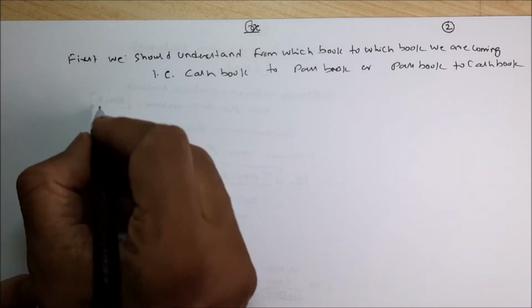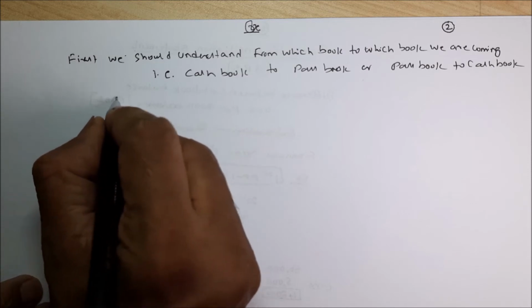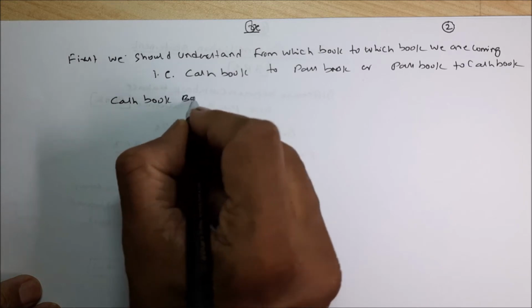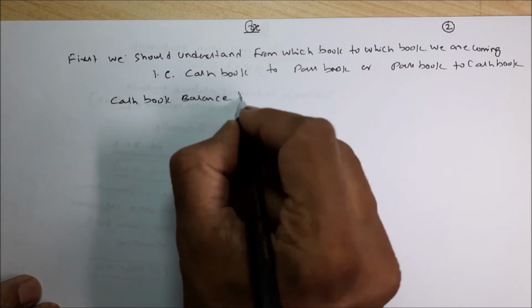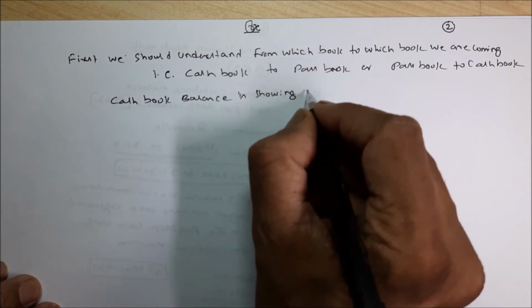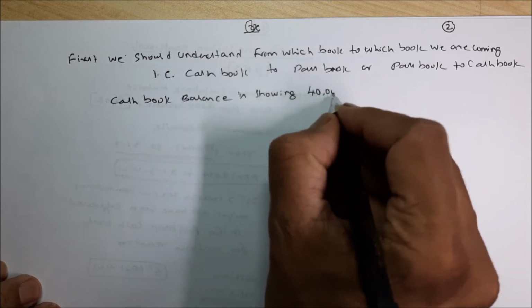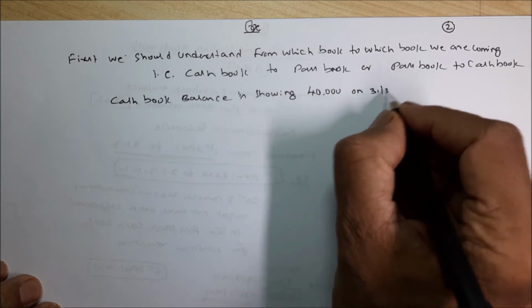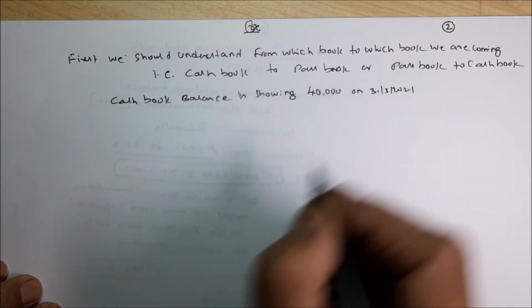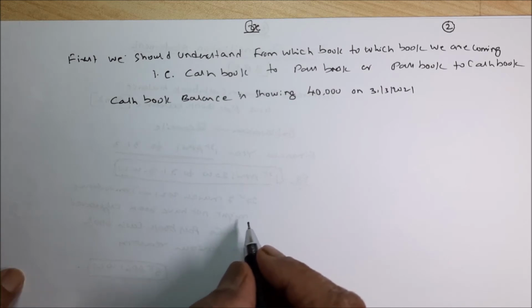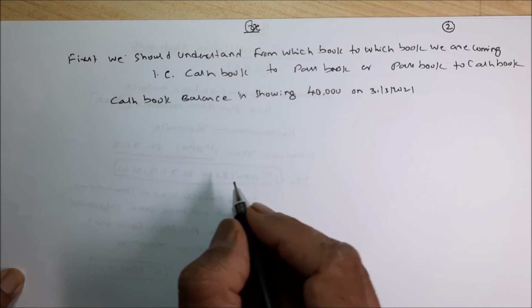So let us say first the cash book balance is showing 40,000 on 31/3/2021. But there is a difference.